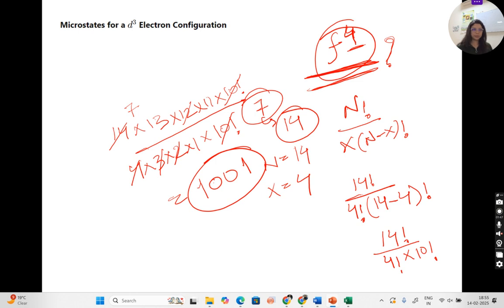So I hope this concept of microstate and term symbol is clear, because now we are moving forward to bioinorganic chemistry. If anyone has any doubt related to these questions we have already solved, I can repeat either of them.